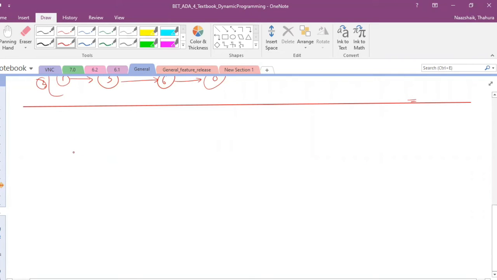Okay, let's pick one example. Say from a textbook I'm picking.